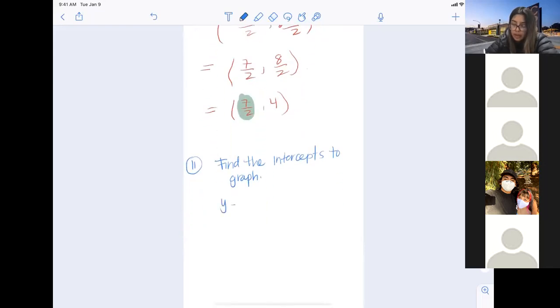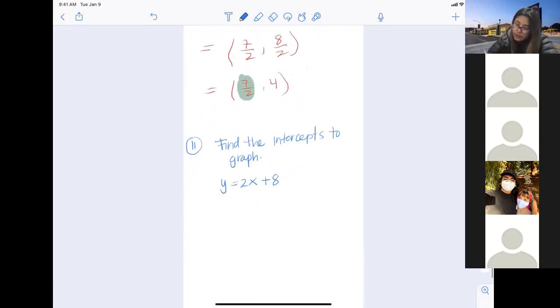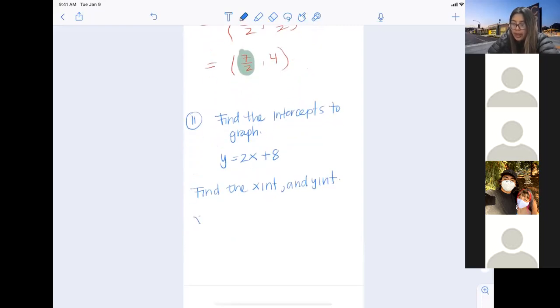So if I give you y equals 2x plus, let's say, plus 8. So what you need to do first is find the x-intercept and the y-intercept. Well, what is the x-intercept? For the x-intercept, you let y equal 0 and solve for x.